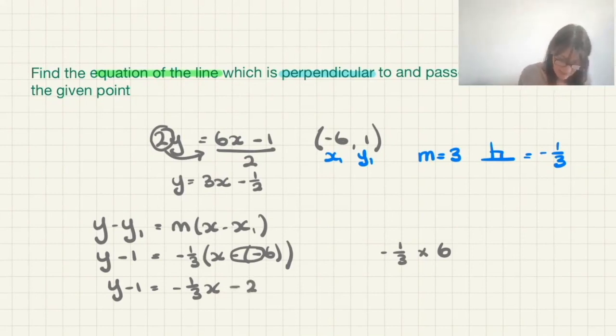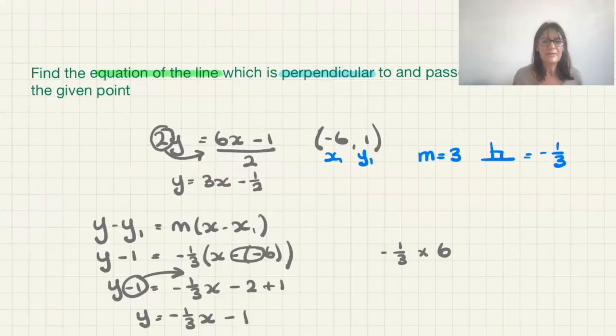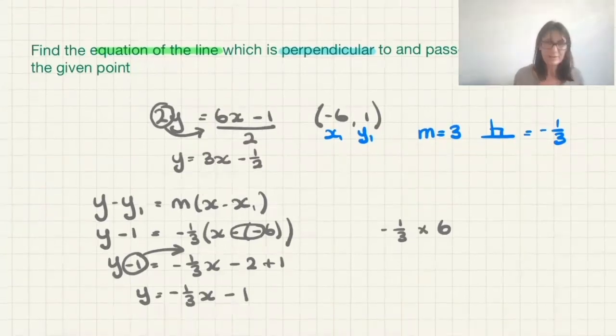And then this minus 1 is going to come across and land as plus 1. So I've got y equals minus a third x, minus 2 plus 1 is minus 1. And then that is my final answer. That is the equation perpendicular to this original equation, which we had to manipulate, passing through these points.